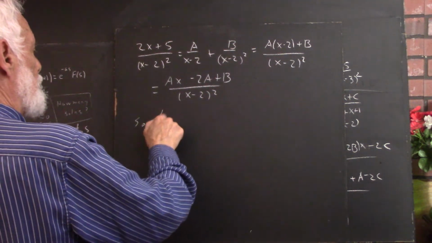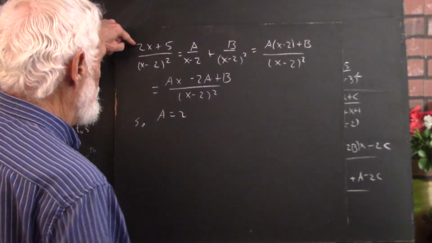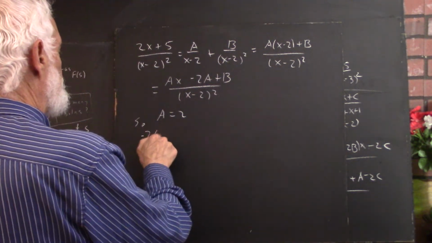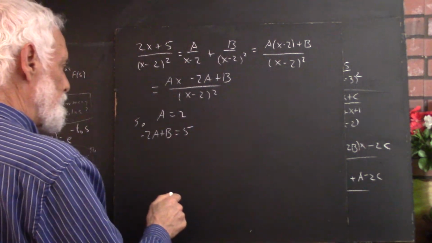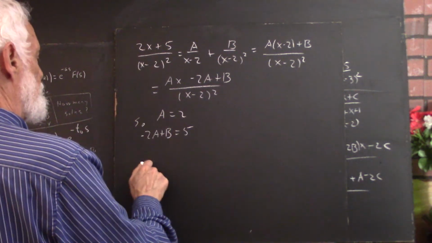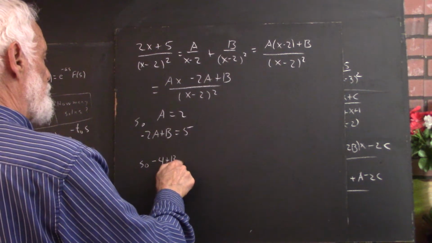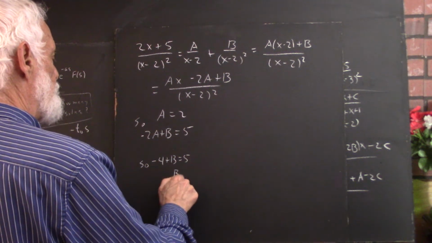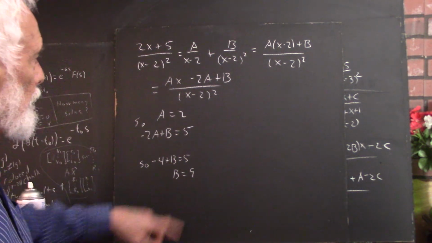So we would have a equals 2 in order to get the 2x, minus 2a plus b equals 5. Well, since we know a, it's 2. We would get a value for b, and that would be 9.